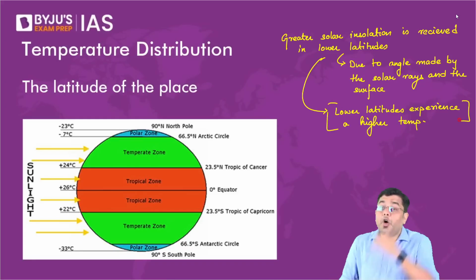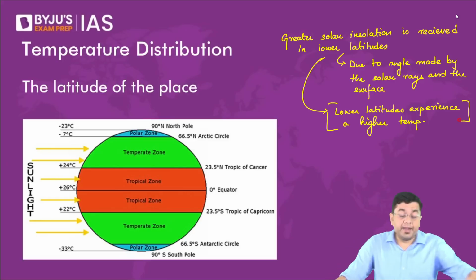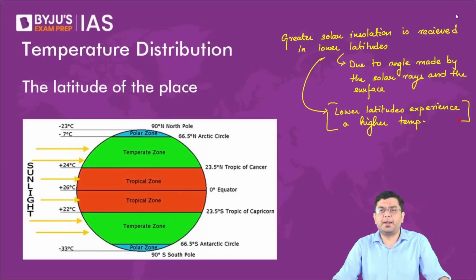Always, the lower latitude in comparison will experience a higher temperature, and the reason behind that is very simple: when we talk about the lower latitude, the angle made by the solar rays is larger, there is a greater amount of solar insolation received, so that ends up indicating a higher temperature.